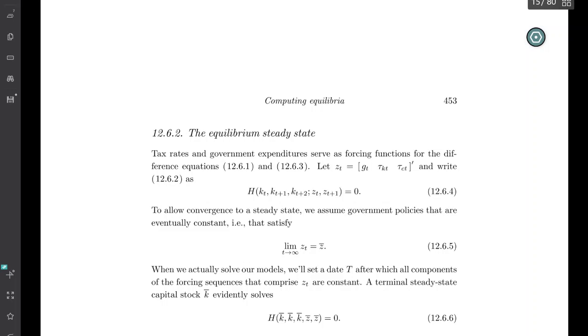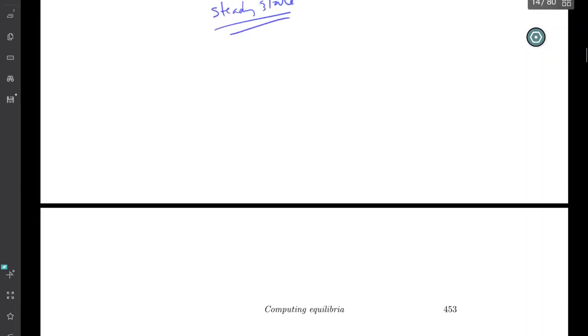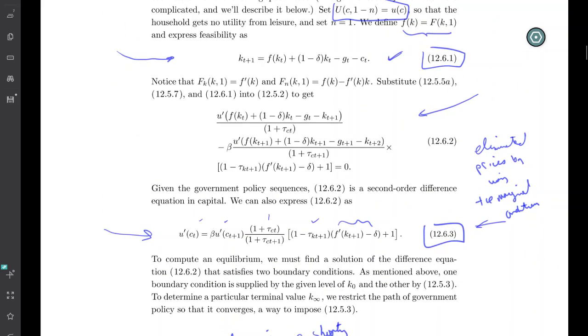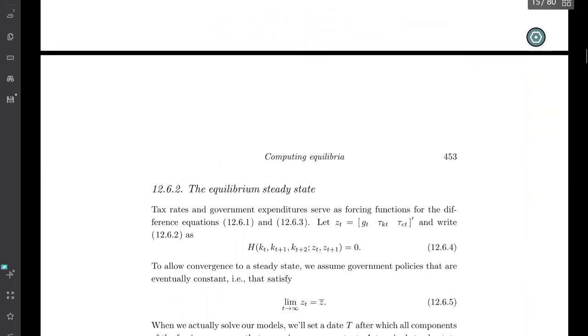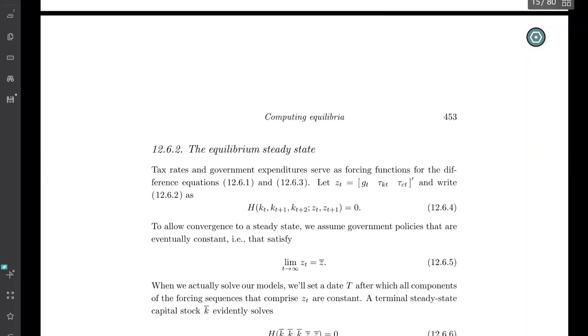So what we're going to do to get a shooting algorithm, well, the first thing to note is I'm going to proceed formally. I'm going to take these equations and rewrite them as generic difference equations.